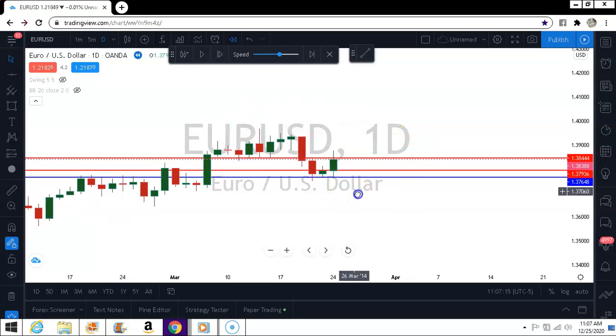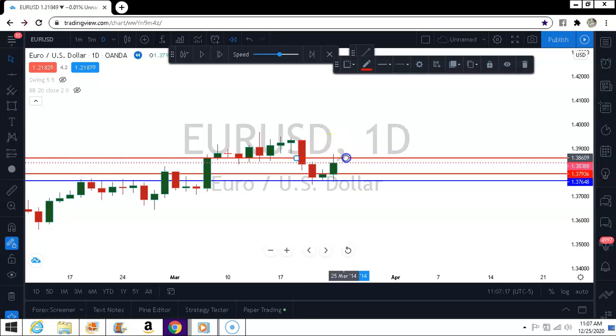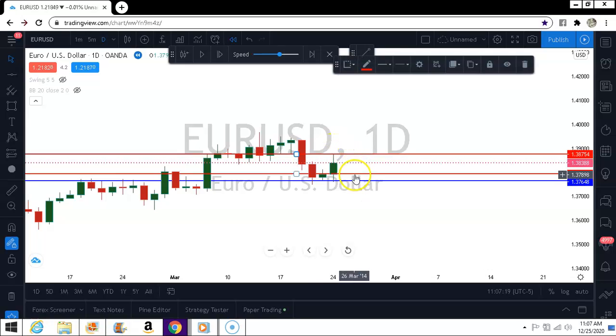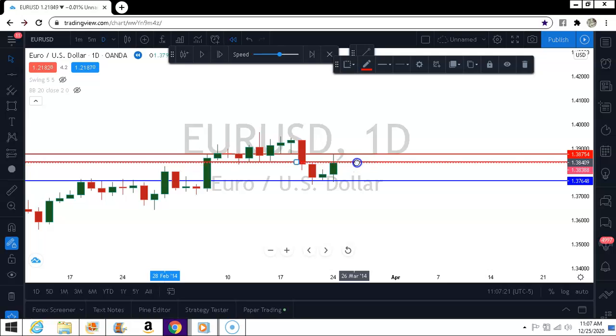Alright. So now this is the highest point, but this is the highest close. Price did get above this point right here. Did not close above this wick. Did not.